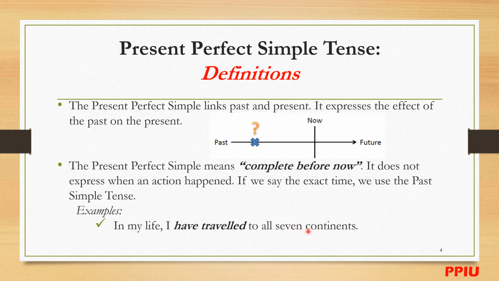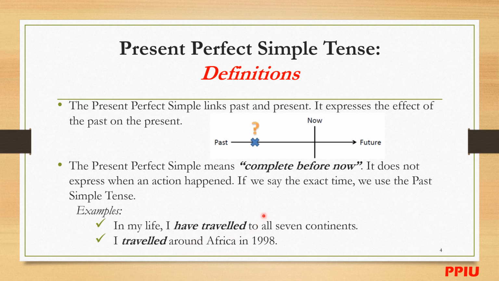We don't know exactly. Now look at the second example: I traveled around Africa in 1998. Here, 1998 gives you the specific, exact time in the past. So in this case, we cannot use the present perfect simple, but the past simple instead. Okay, you got it?